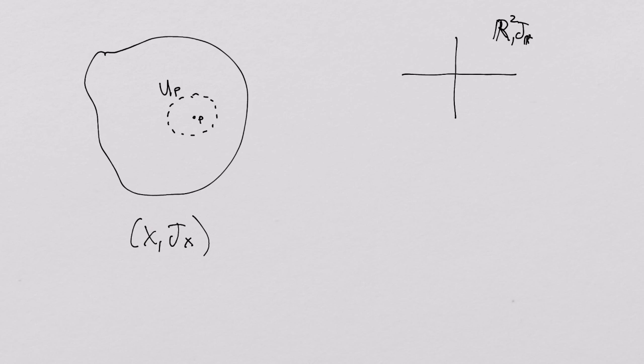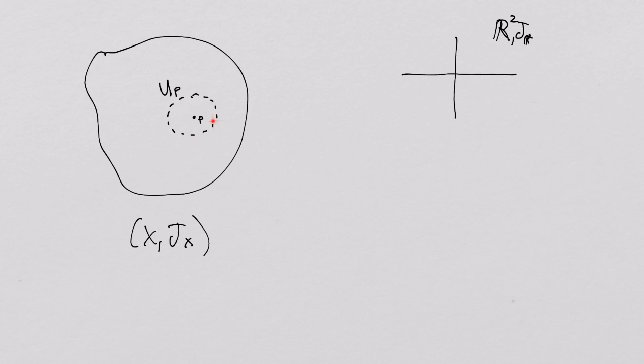Now, what's important is that this is a topological space, meaning it's a set with a topology. It turns out that U_P is also a topological space, and it's important to understand why. If I take all the elements of the topology that are contained inside U_P, all of their unions and all of their intersections will also be contained inside U_P.